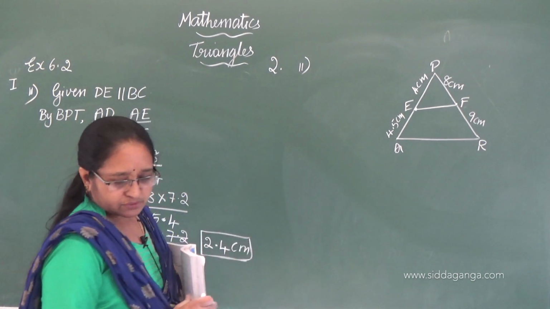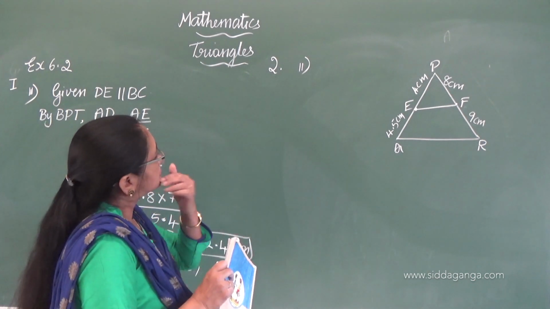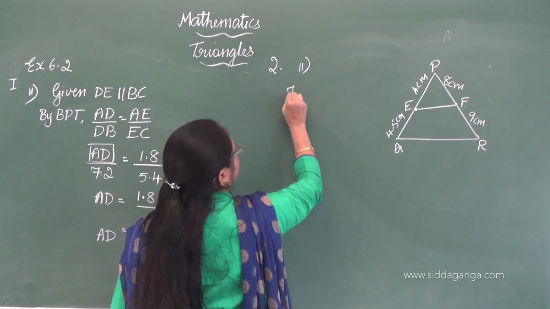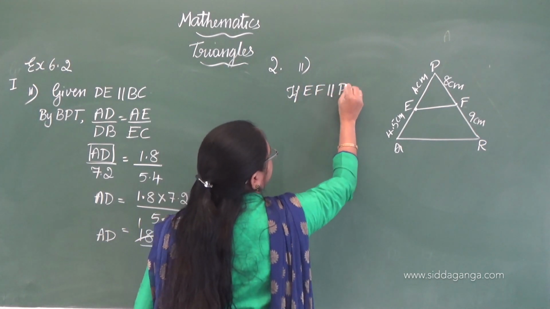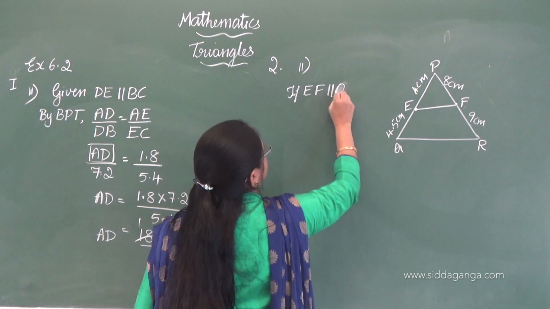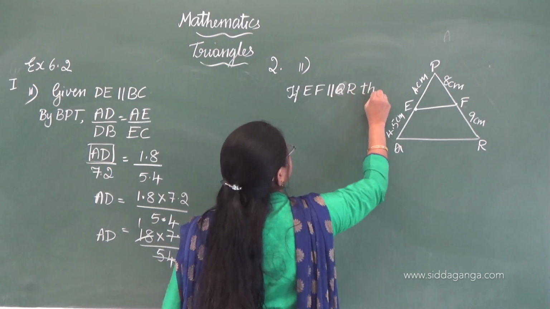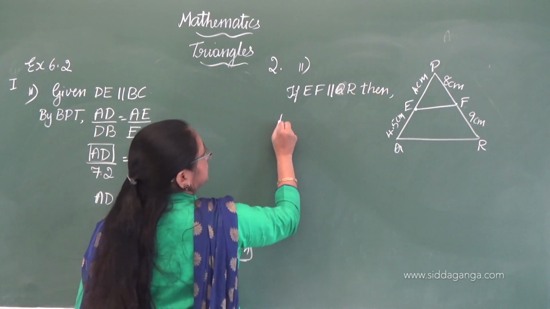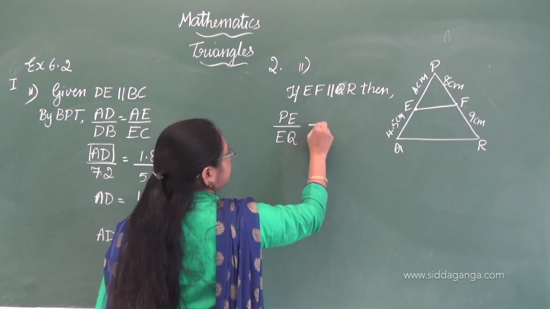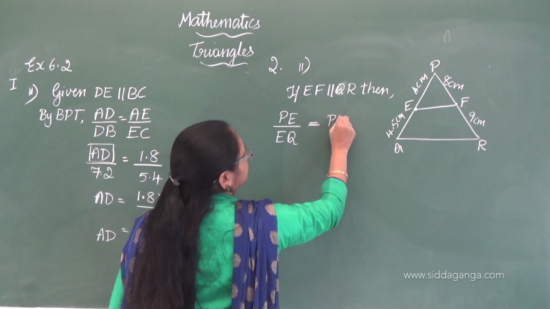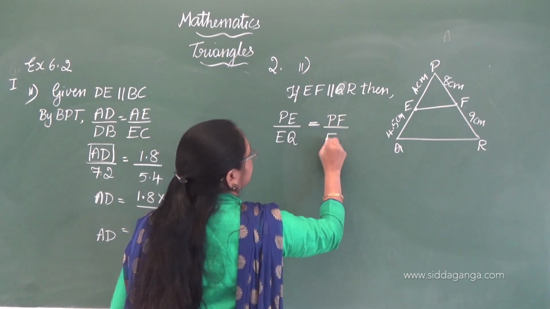So how will you write? If EF is parallel to QR, then what is the condition? PE by EQ should be equal to PF by FR.